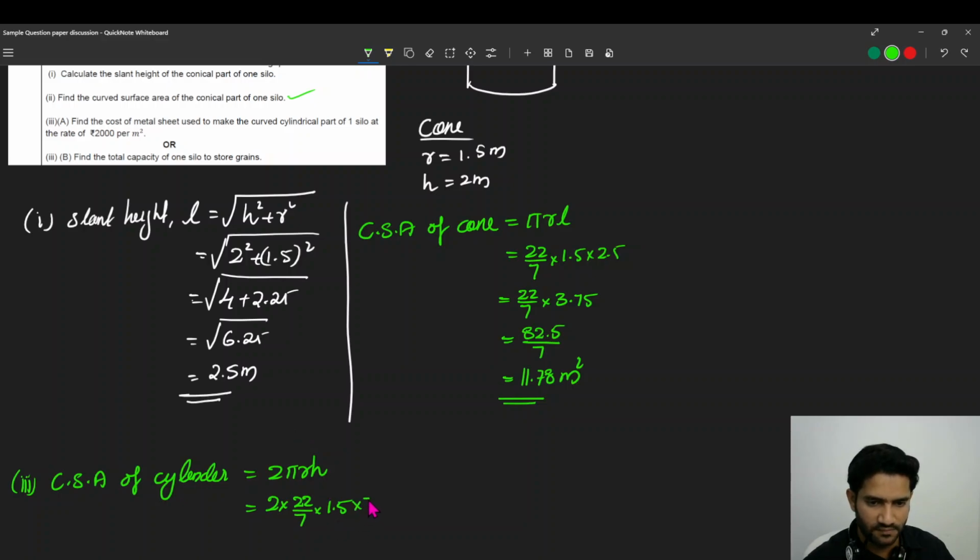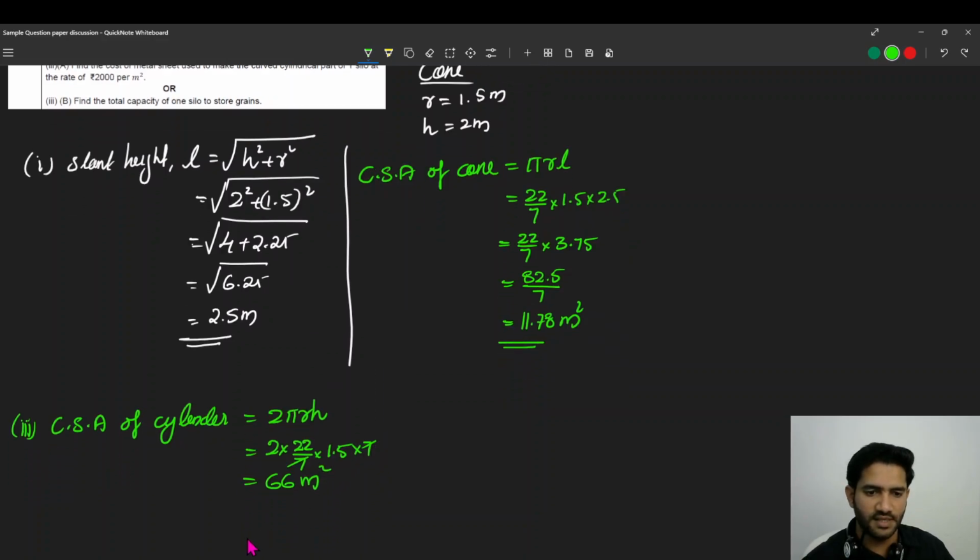It is given. So we can cancel 7 and 7. 2 into 1.5 is 3, 3 into 22 is 66. So 66 meters square. This is the CSA of the cylinder.